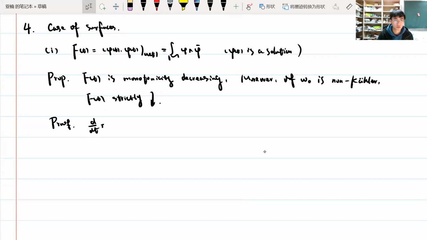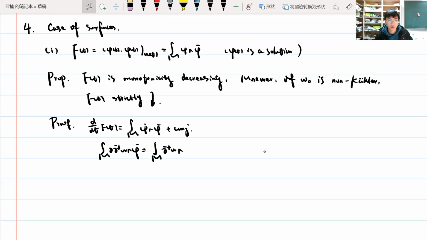We compute its derivative and its combination. And this term is integrated by parts, using the fact that phi bar is bounded.